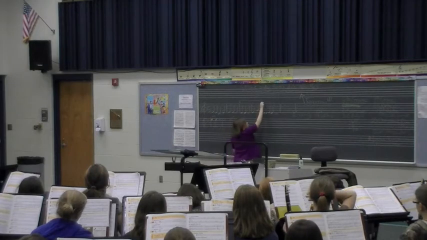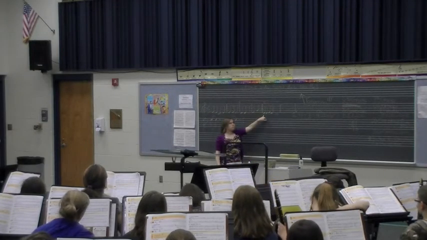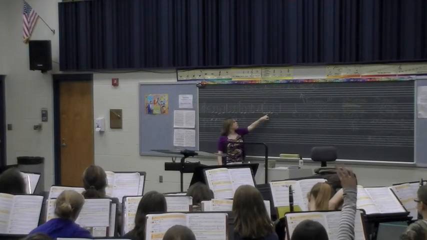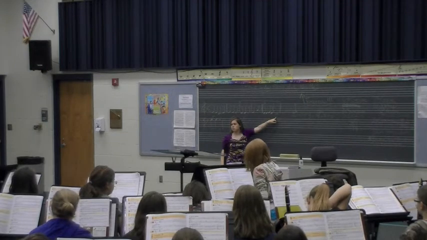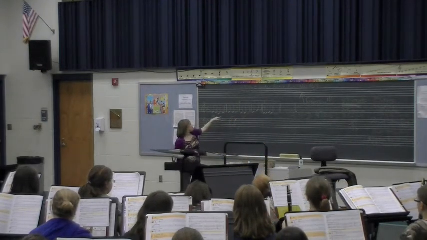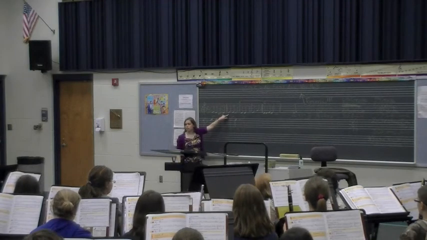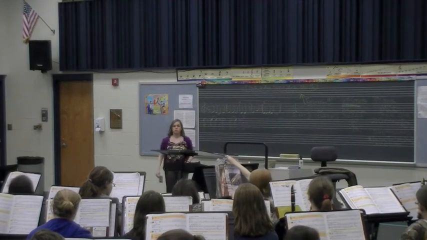And so I actually need to go to the second ending. Fleece was white as snow. Does everyone see how that works? So that's how first and second endings work. It saved me from writing these two measures a second time. It saved me some space on the board, just like the music saves some space on paper.